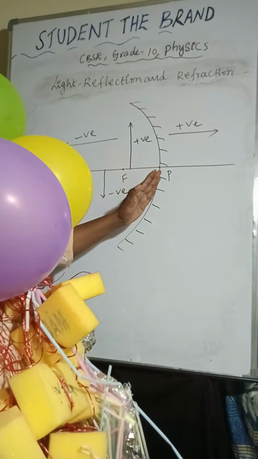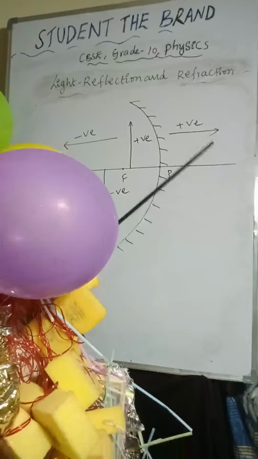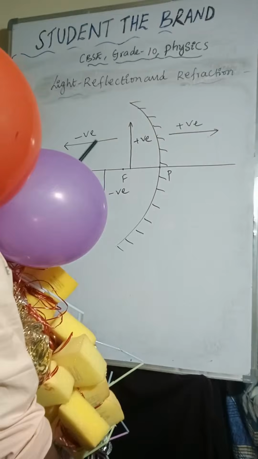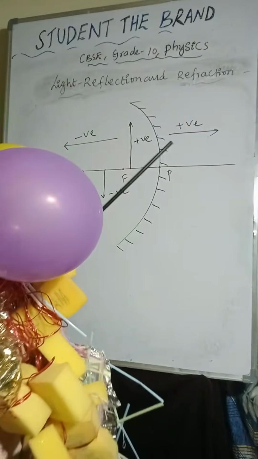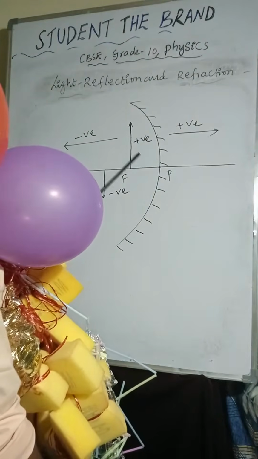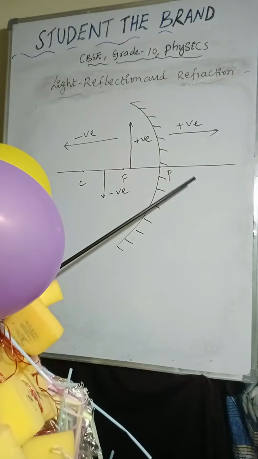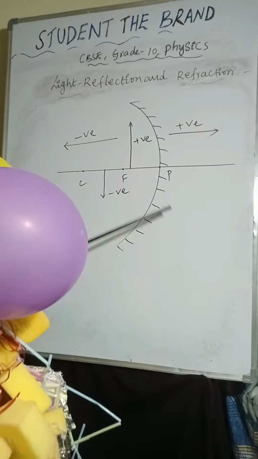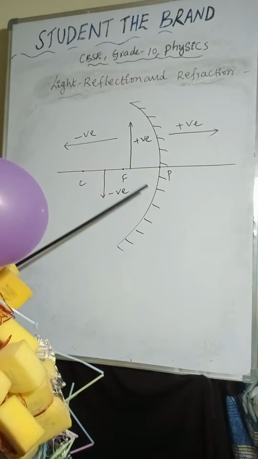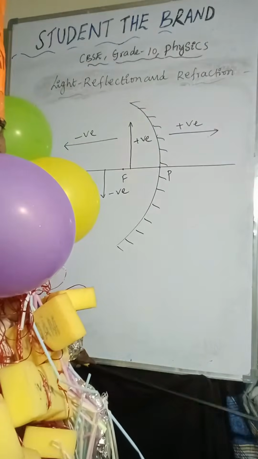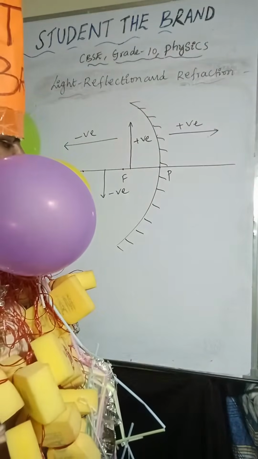Distances are positive along the incident rays. Distances are negative opposite to incident rays. Distances are positive above the principal axis. Distances are negative below the principal axis. So this is about new Cartesian sign conventions.